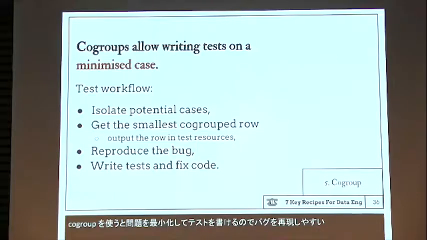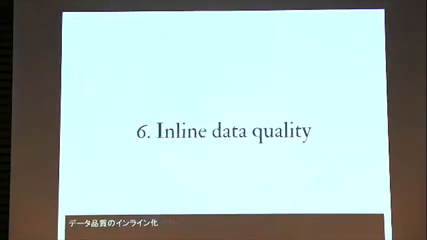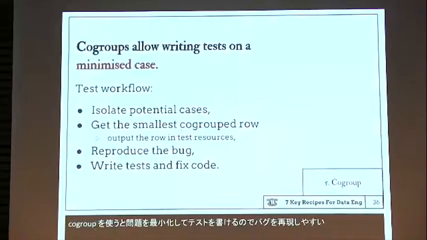Since you have all the data grouped in a single row, you can find rows that correspond to your bugs inside the co-grouped data. You can isolate those test cases, and you can even use minimization to find the smallest row that corresponds to your bug. You can then write the test, fix the code, and then move to the next feature or bug. And that's it for the co-group.